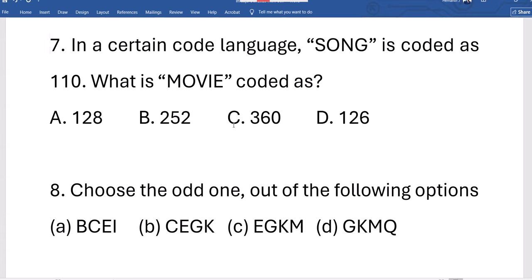First try forward code, then only reverse code. Sum of values, then what's the answer? 128. 128 is correct.